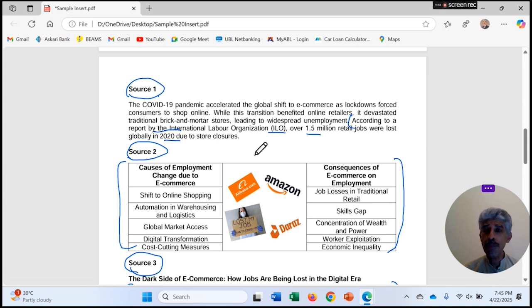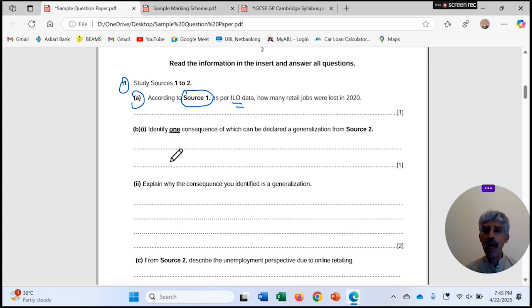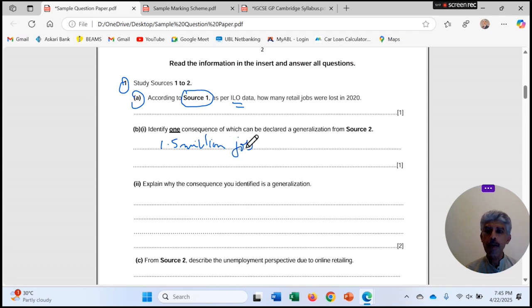If they write the whole sentence, or they just simply write 1.5 million, in both cases the answer would be considered correct. They will write over here, for example, 1.5 million jobs lost in 2020. That's it.